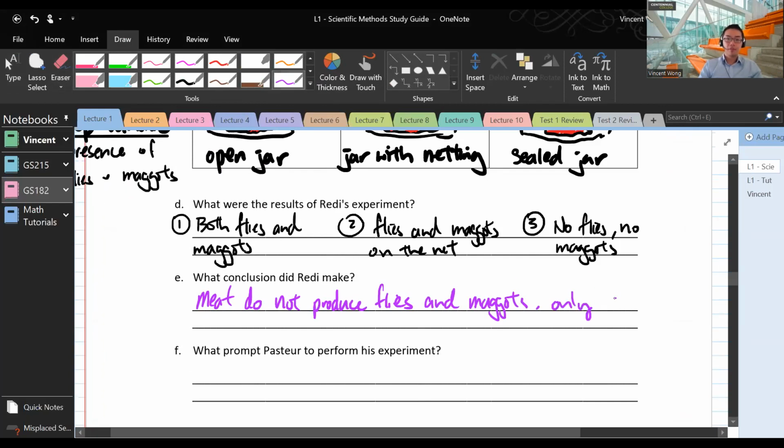Only flies produce maggots and other flies. Okay, so therefore the theory of spontaneous generation is rejected.